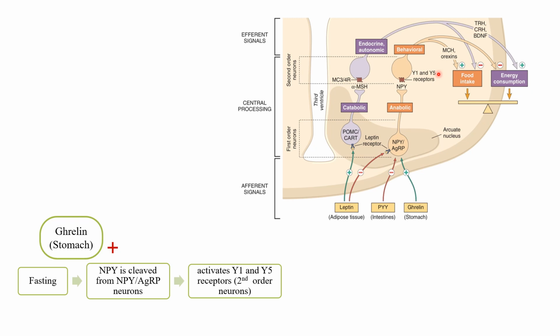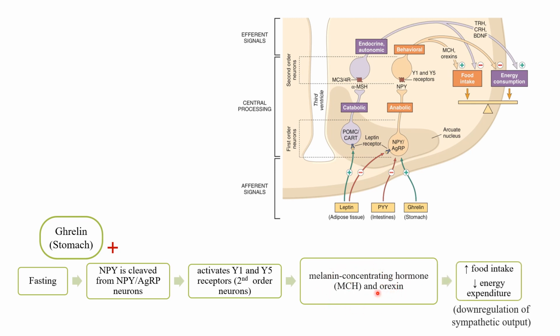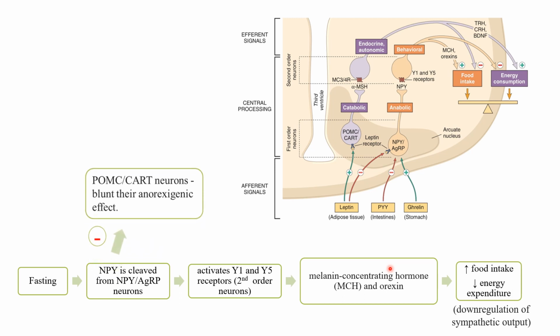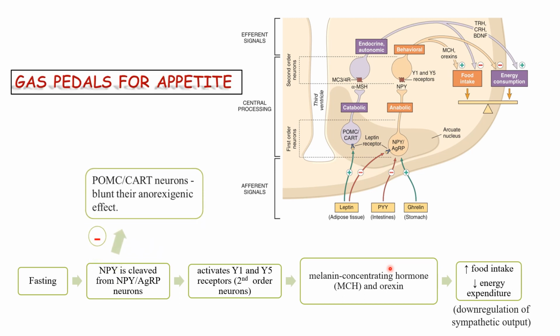These Y1 and Y5 receptors will release melanin concentrating hormone and orexin. These MCH and orexin will in turn make sure that your energy expenditure is less and your food intake is more. They will initiate an anabolic pathway, and since they are urging you to eat more, this set of neurons is called gas pedals for appetite.